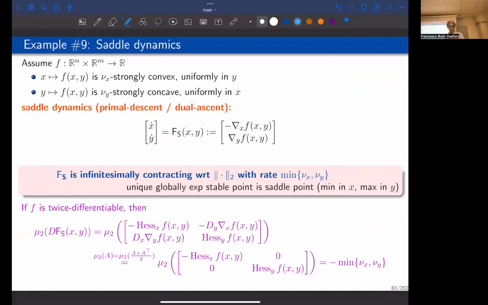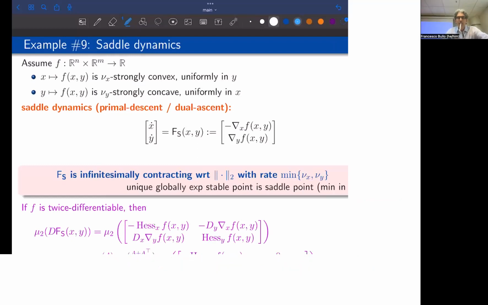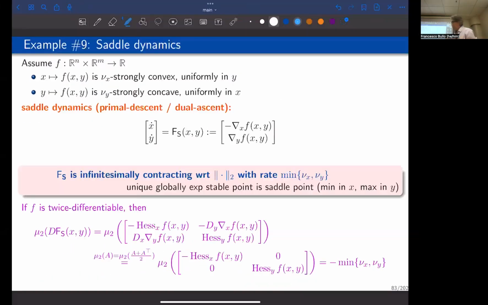How does the proof work? The proof works like this. Let's do it for the case of second differentiability, but that's not necessary, but it does become easier. So let's read this together. So it's another exercise in remembering the property of the log norm.